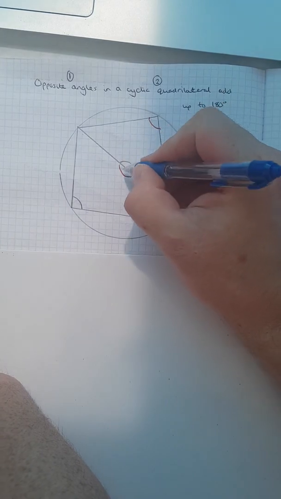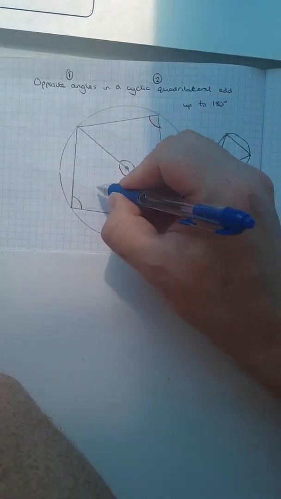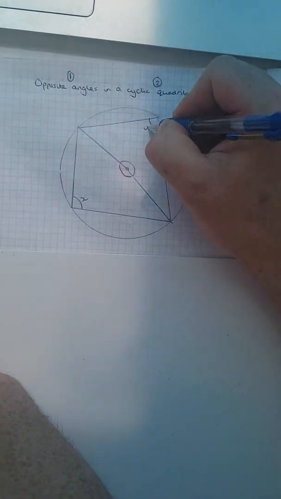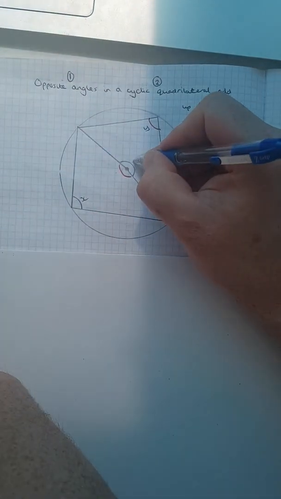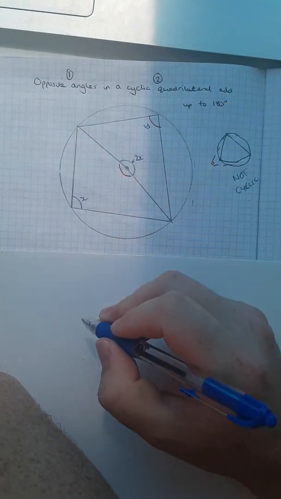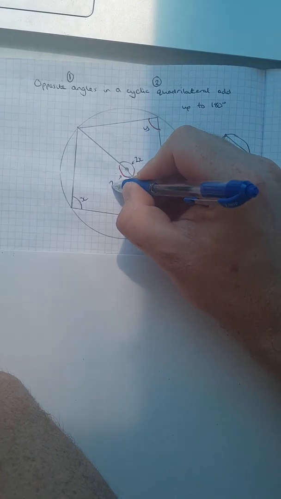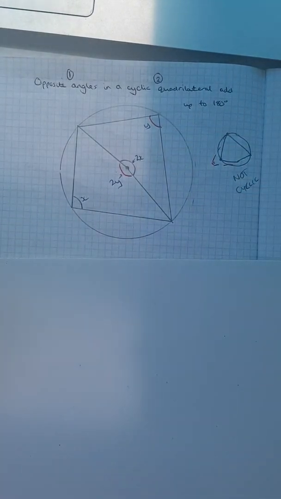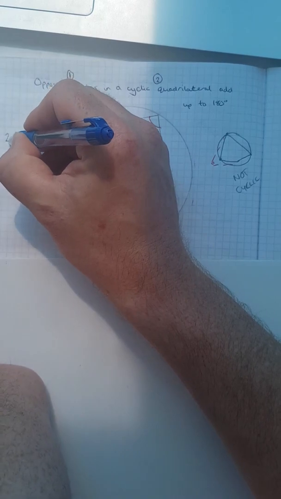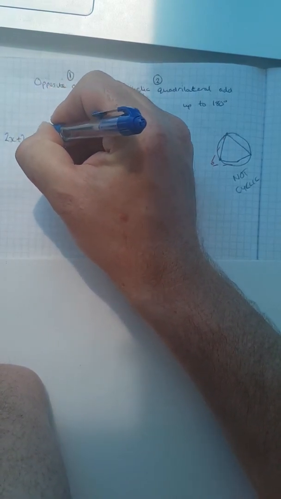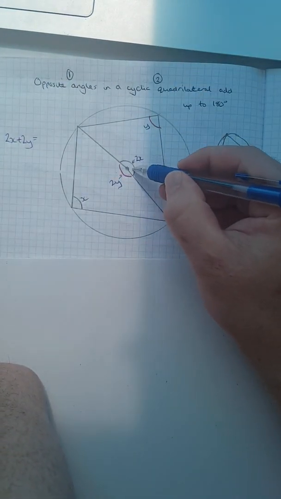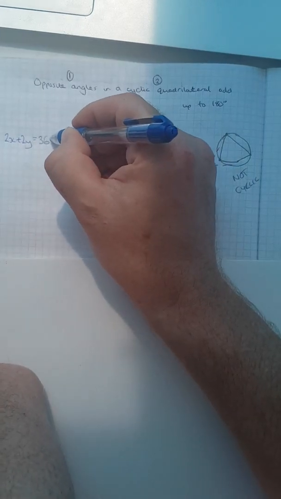Well, these two angles, I'm going to call them x and y. This angle here would be 2x, and this red angle here would be 2y. The angle at the centre is twice the angle at the circumference. Well, if the angles at the centre here go round a point, they add up to 360.